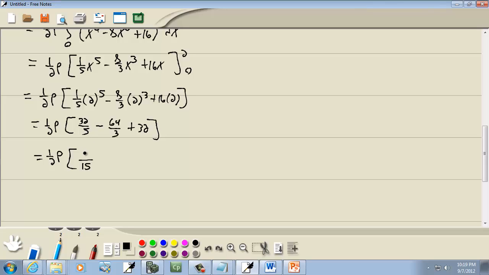Multiply the top part by 3, so it gives us 96 minus this by 5, which is 320. And then 32 times 15, 480.